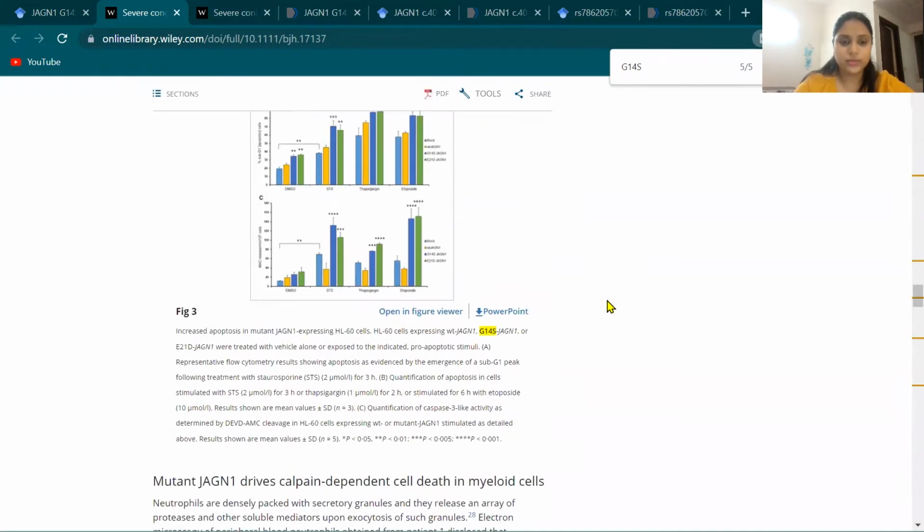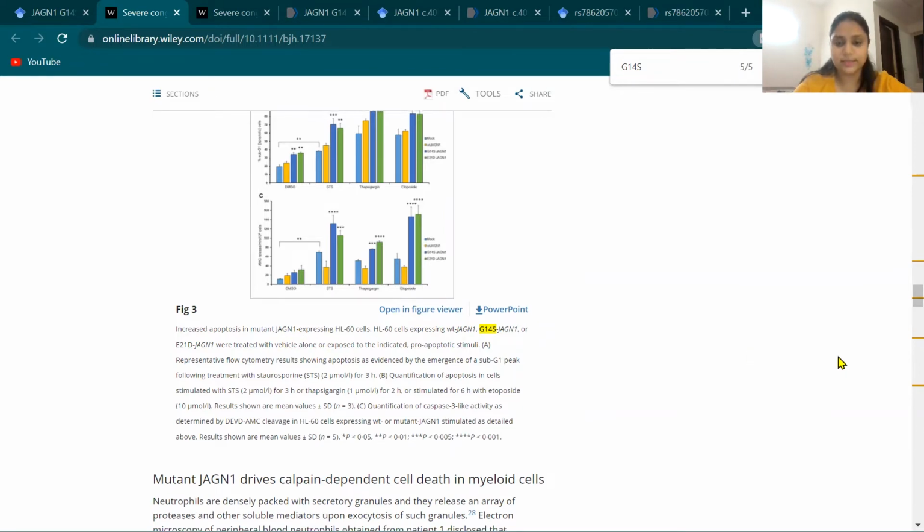Also, they showed using multiple functional assays that this particular variant led to a dysfunctional JAGN1 protein. For instance, in figure 3, they have shown that there is increased apoptosis in mutant JAGN1 expressing HL60 cells.